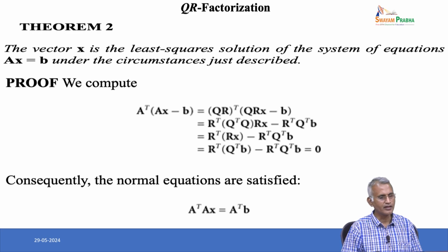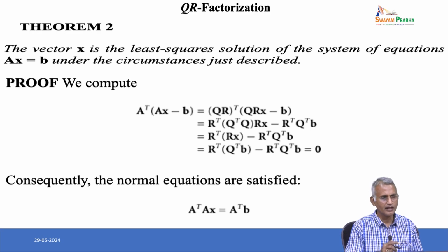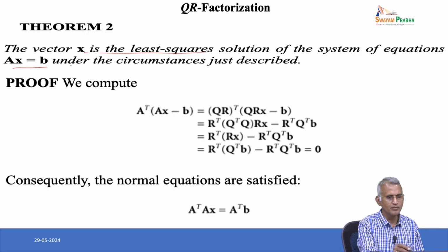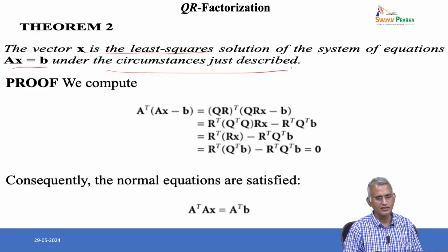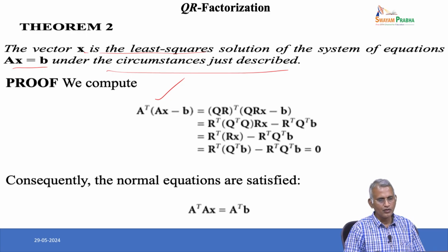Next we move to QR factorization. The vector x is a least squares solution of the system of equations Ax equal to b under the circumstances just described. So we have a proof. Compute A transpose into Ax minus b, where A is nothing but QR. So A transpose is QR whole transpose, times QRx minus b.